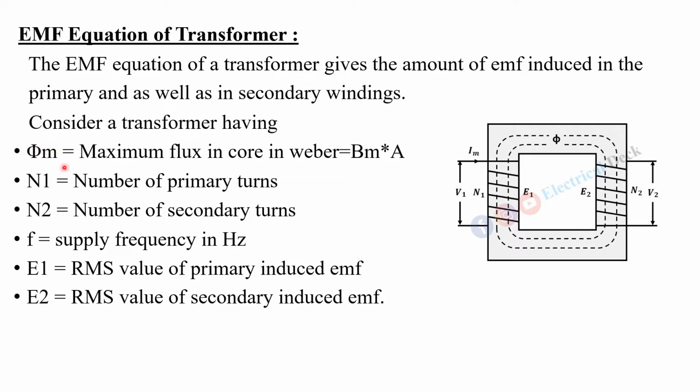The unit of the flux phi m is Weber, and F is the frequency of the supply given to the primary side of the transformer. These are the main parameters we need to find the EMF equation of the transformer: N1, N2, E1, E2, phi m and F.